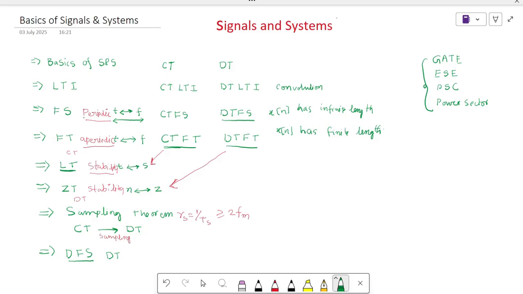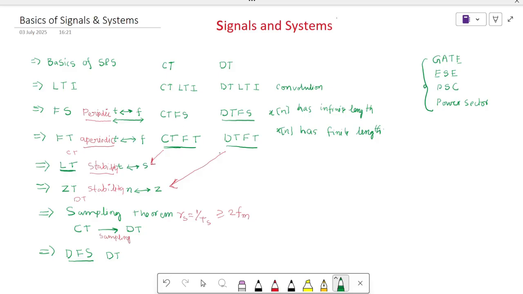Six times it will be repeated. The same Fourier series properties are repeated in CTFS. Whatever you studied in CTFS, the same will be discussed in DTFS, same properties with only a small difference. Then whatever properties you studied in CTFT will be discussed in DTFT.